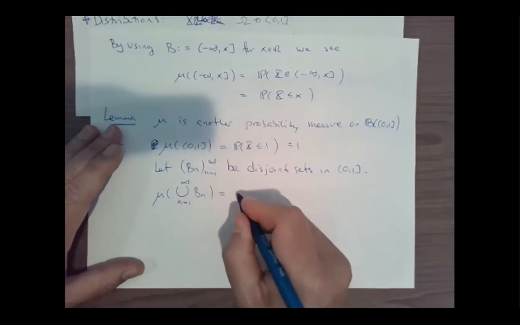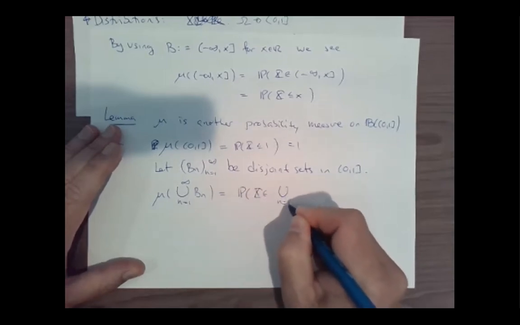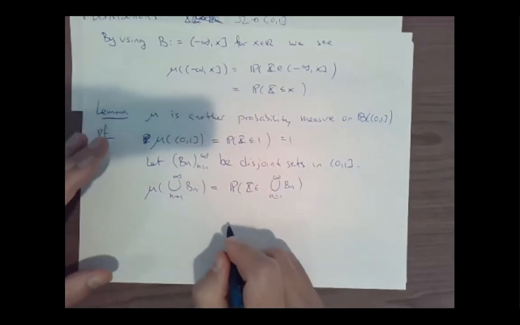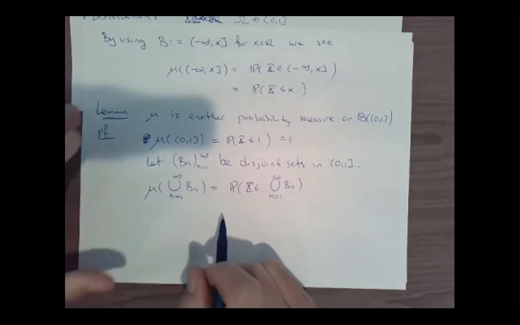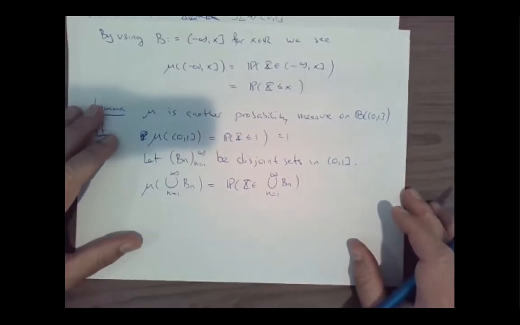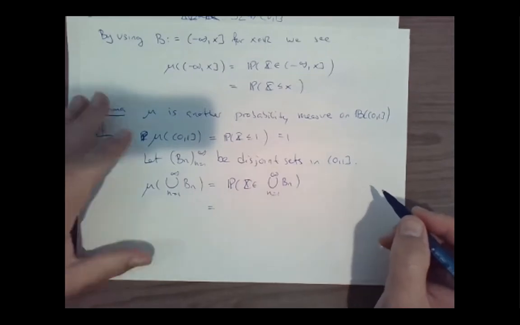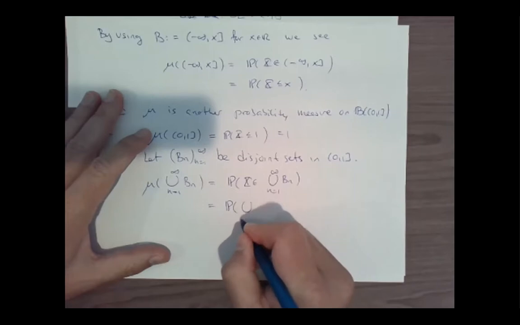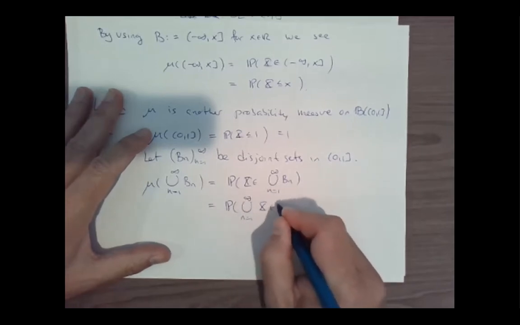This is the probability that X belongs to this union. And now I use the fact that the probability that X is in this disjoint union is going to be the same thing as the union and then asking for X being in B.